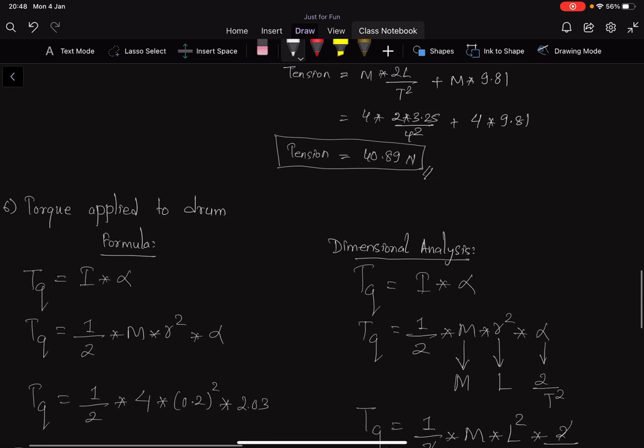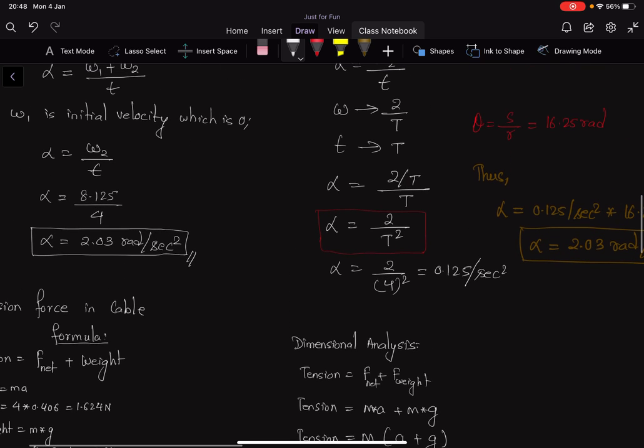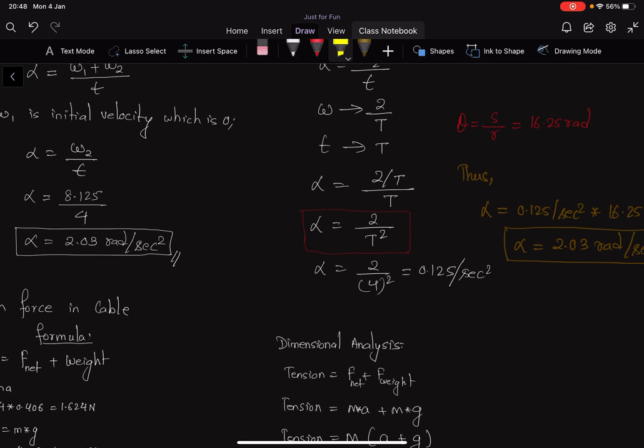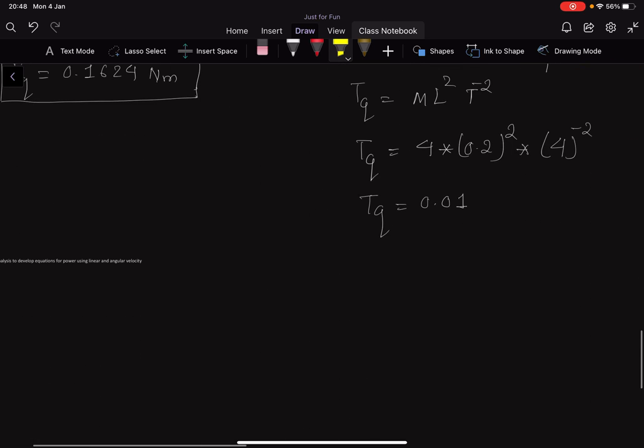Going back to the previous example where we calculated our angle, you can see we have already calculated it. This is our angle, which is 16.25. We are going to use that angle in radians, so our angle is 16.25 radian. We're going to use that to find our torque.